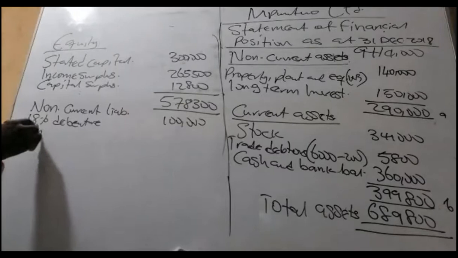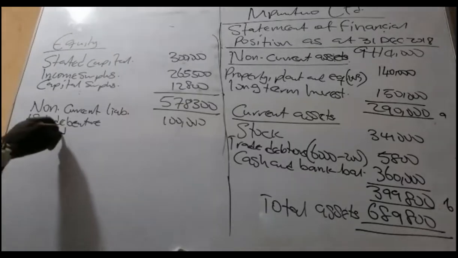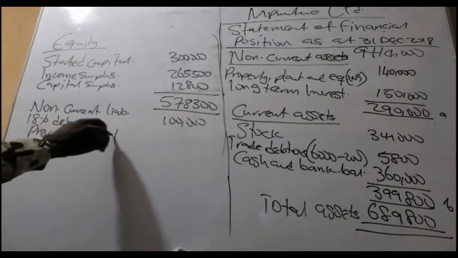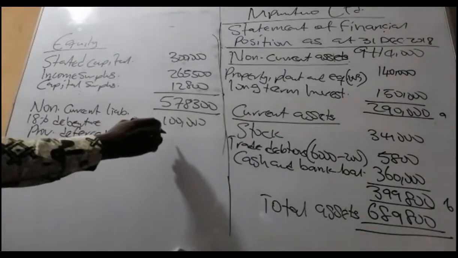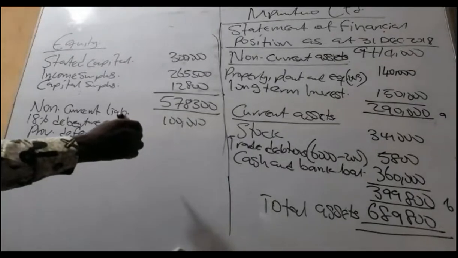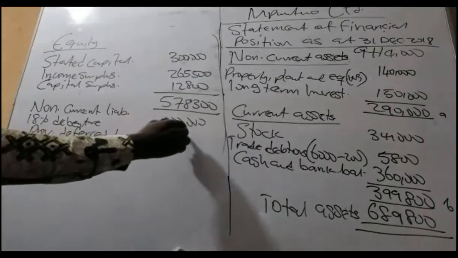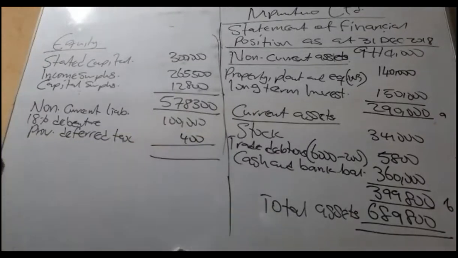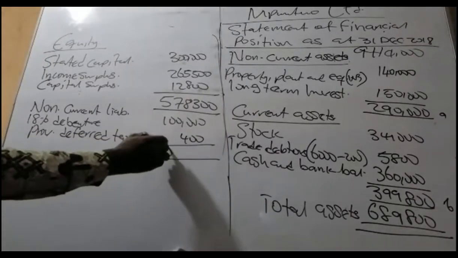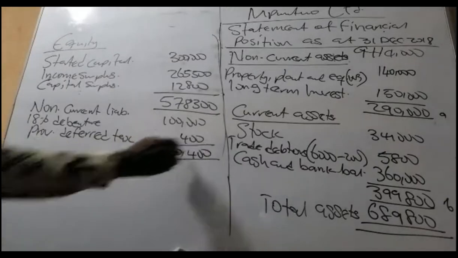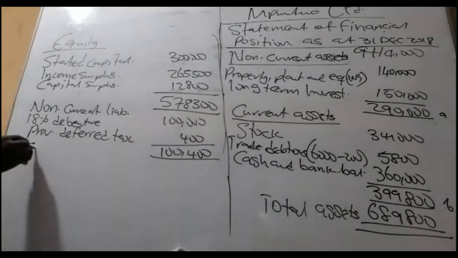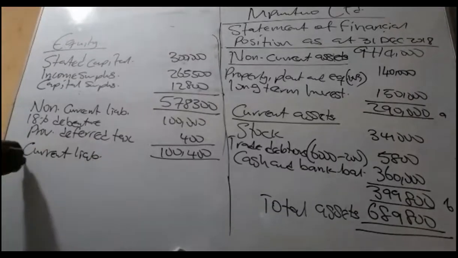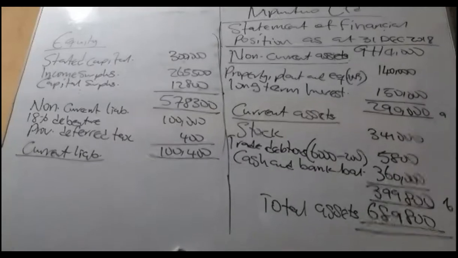Then provision for deferred tax. So deferred tax, and so it's what? 400. Yes, 400. So the total non-current liability is what? It is 100,000 and 400. Then you come to current liabilities. How do we get it?